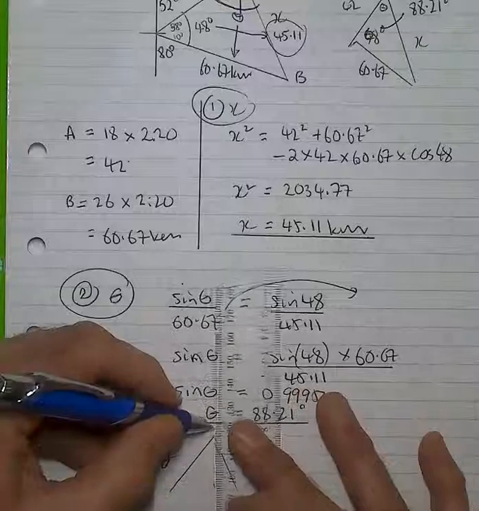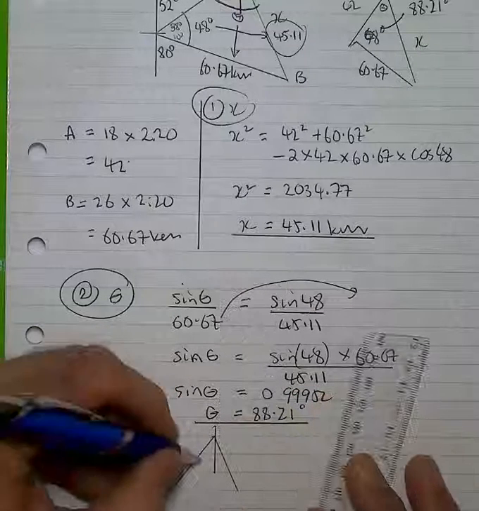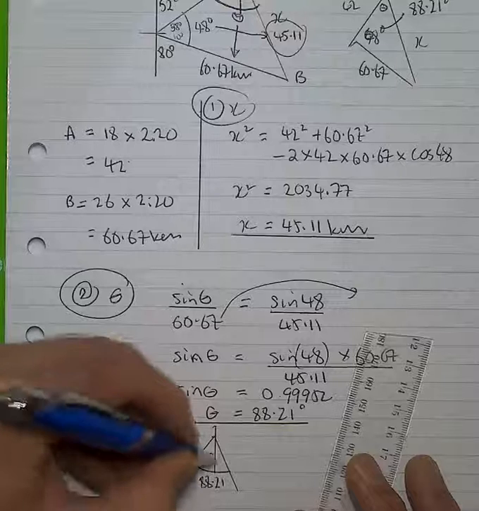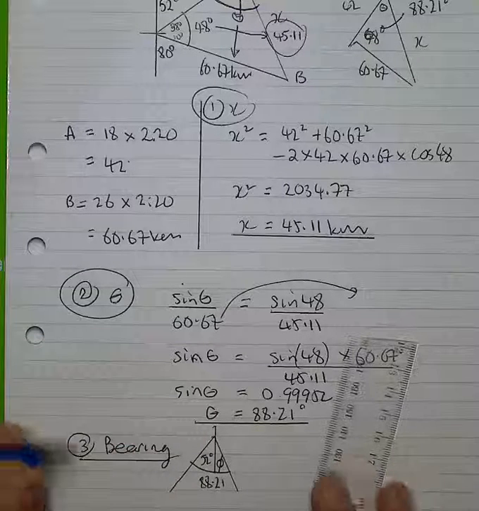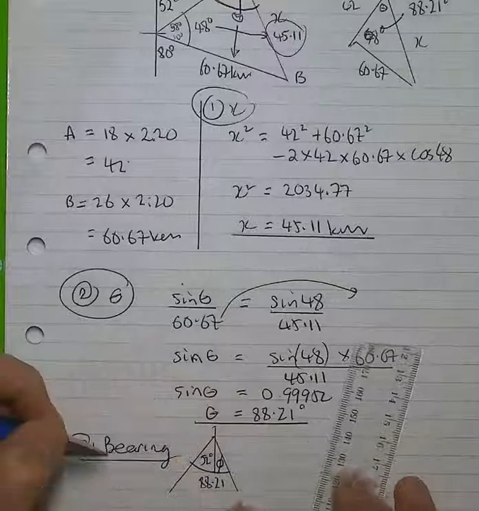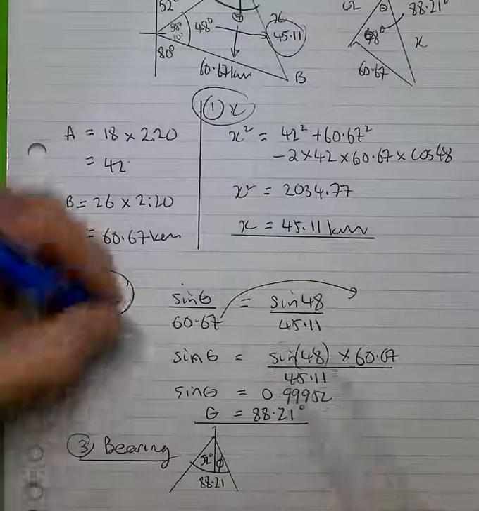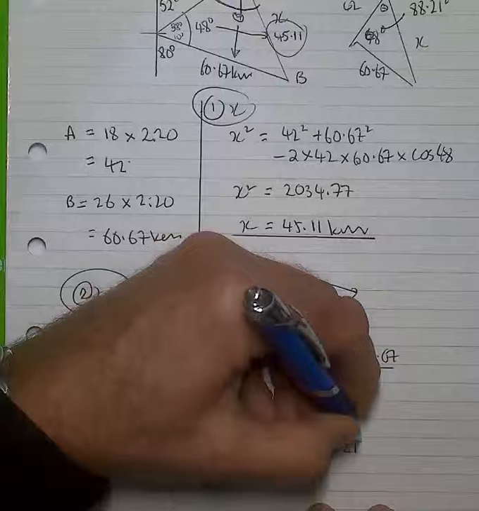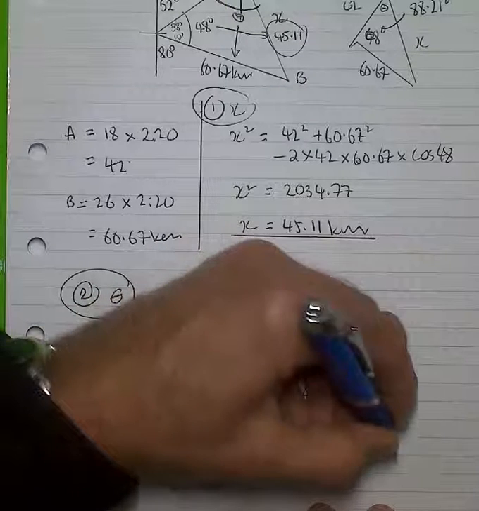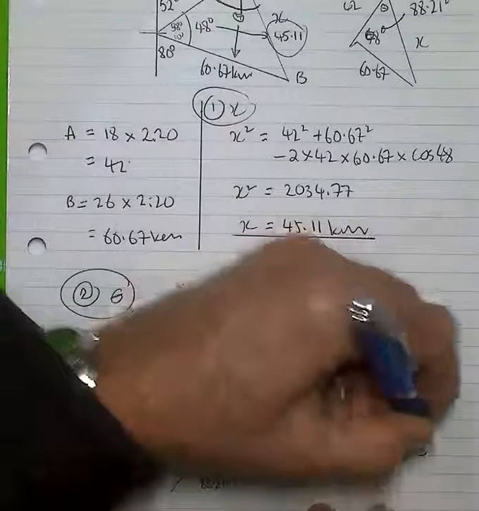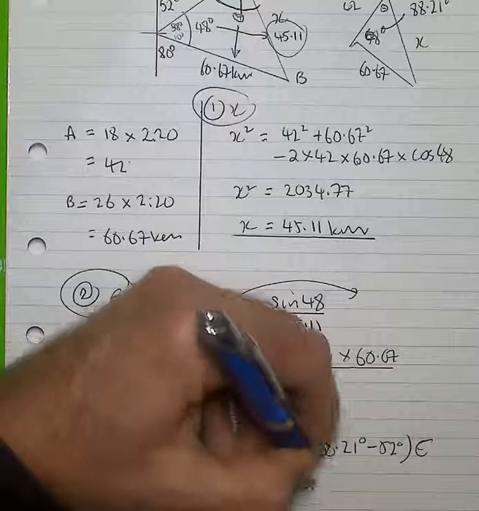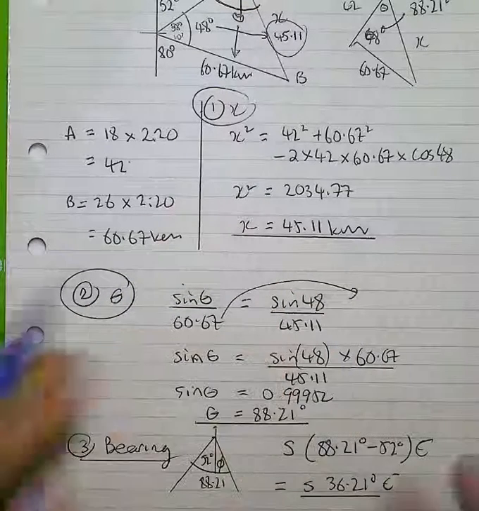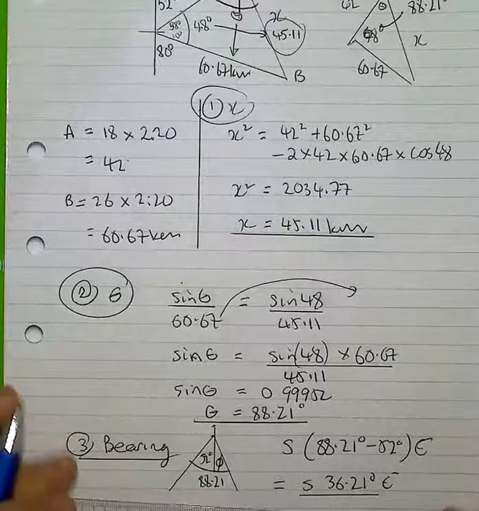That's 52, that's 88.21, and that's phi, my bearing south, so many degrees, back towards the east. Or south 36.21 degrees to the east.